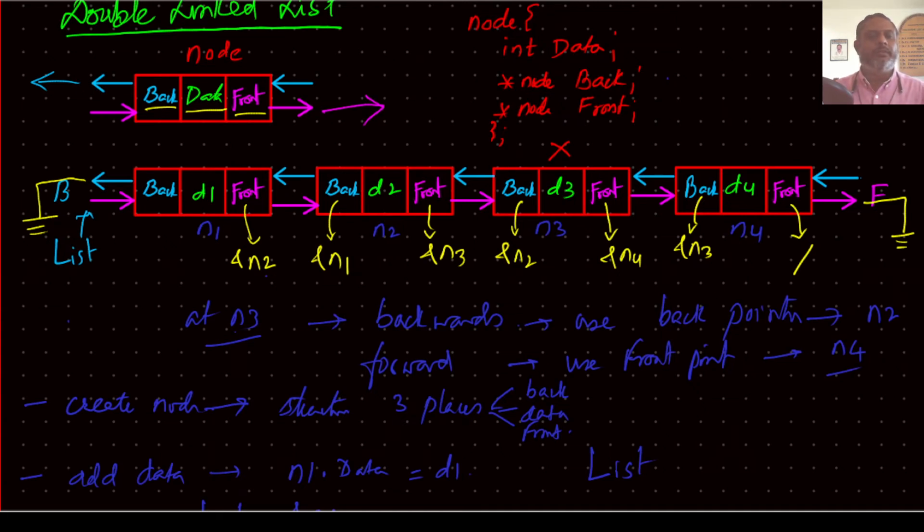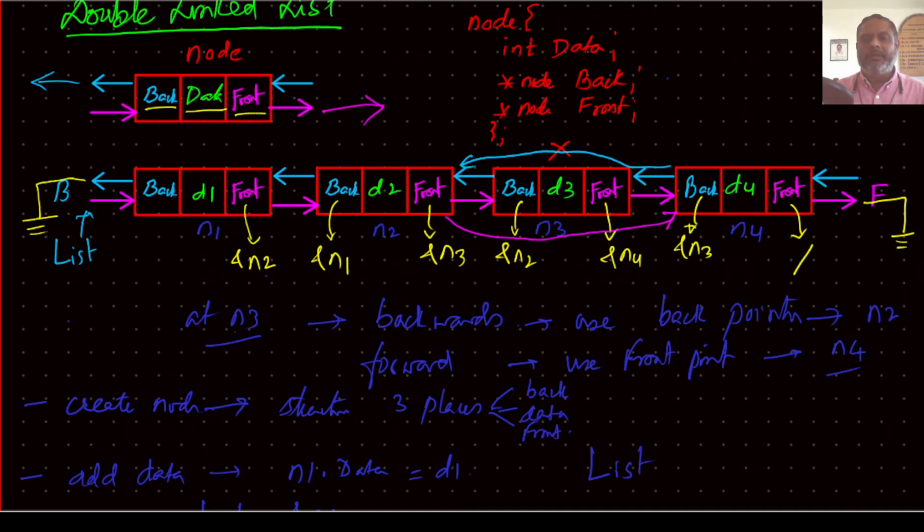So what is to be done is, from N4, if you are moving back, then the next time you should go directly to N2 instead of N3. And from N2, if you are going forward, then because node 3 is no more existing, you have to directly jump to this. Which only means that we need to correct that.